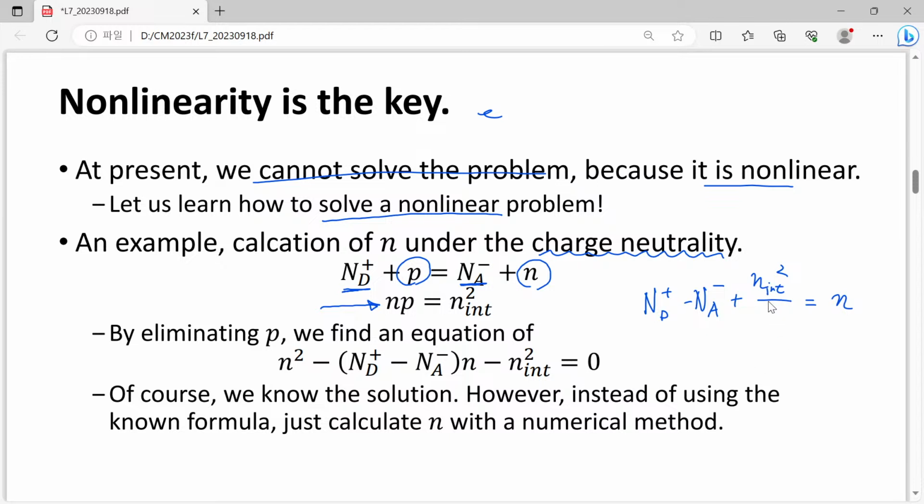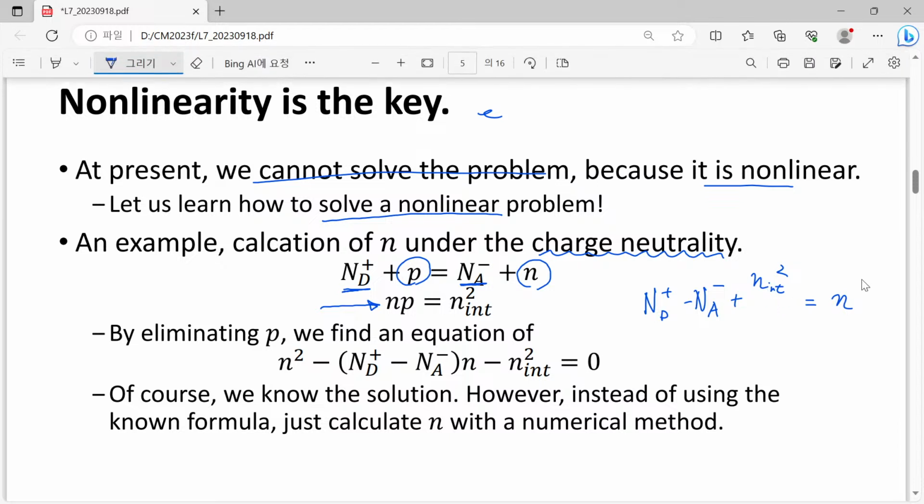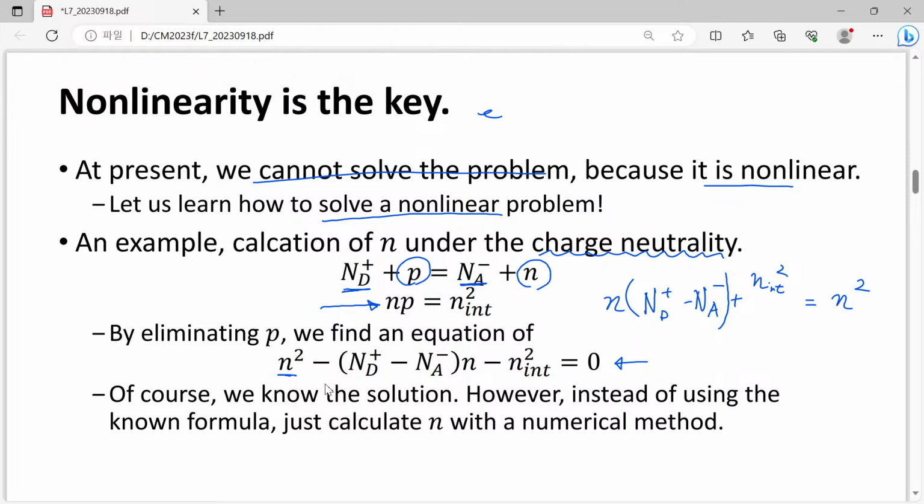Then this is gone, and here we have a square, and here we have n. So simply speaking, now we have a quadratic equation for n. Of course, we know the analytic solution of this system, so you can easily calculate n, because we memorize the solution.